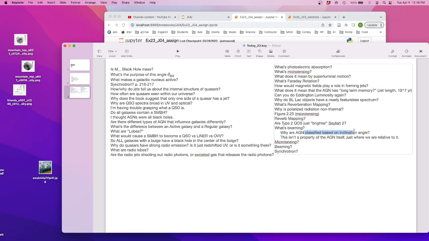Why are AGN classified based on inclination angle when it's not actually a property that the AGN has? It's a property that I have. So why am I classifying that thing based on how I'm looking at it? Because it's astronomy. Astronomy is about looking at the sky and saying, hey, I found this thing, it does this.